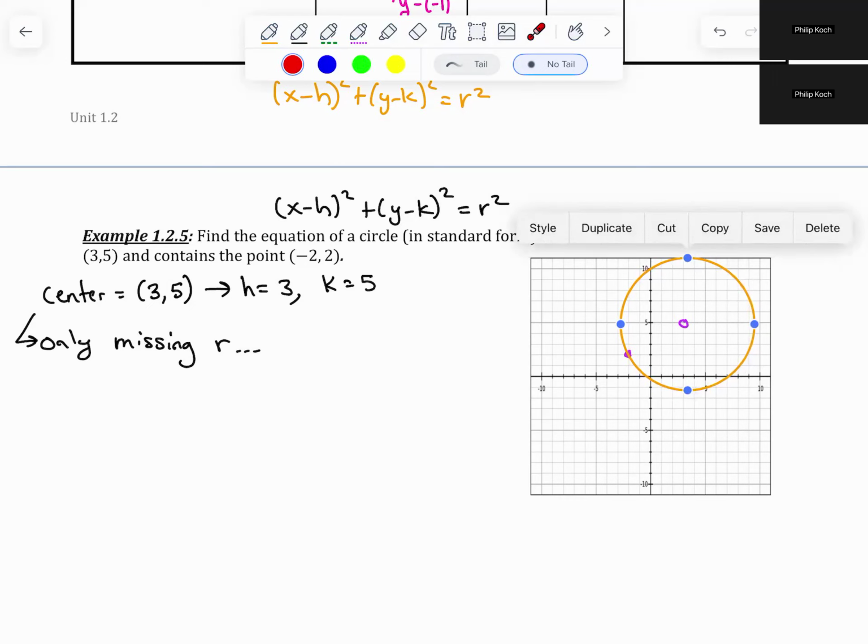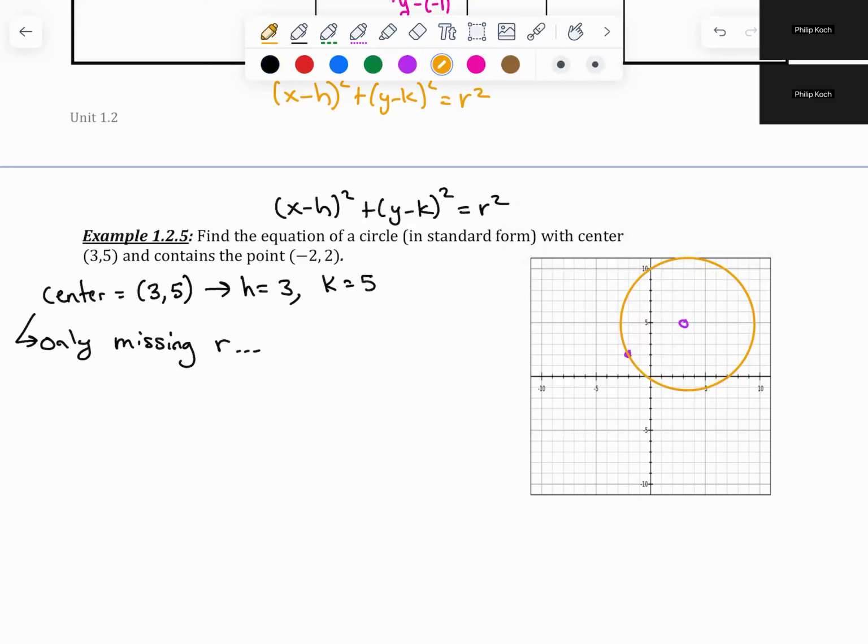But I just said the word that tells us what we should do. What is the radius? The radius of a circle, by definition, is the distance from the center to any point on the circle. So if we can find this distance, then we will have our answer, and we know something to calculate distance.